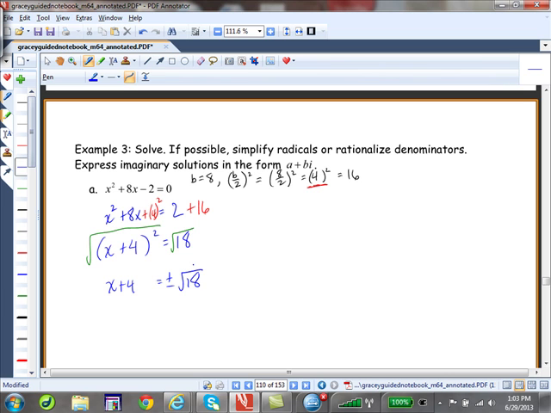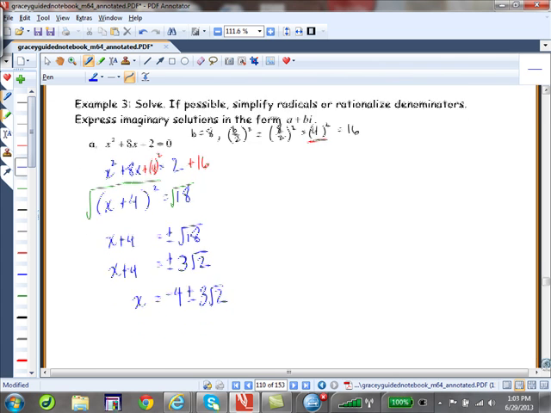Now, there's a perfect square in there. 9 is a perfect square. So x plus 4 is plus or minus 3 root 2, because the square root of 9 is 3. And isolating x, we get negative 4 plus or minus 3 root 2.